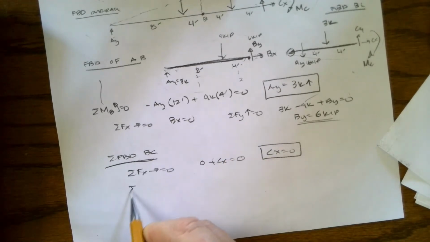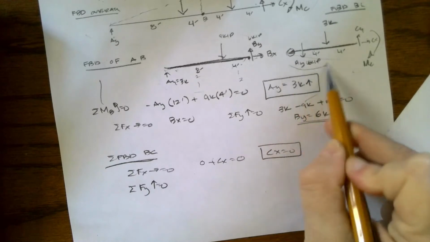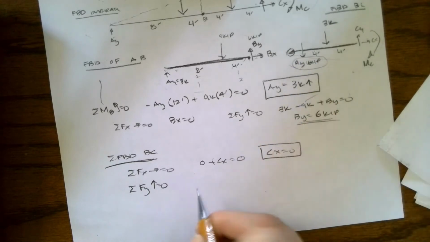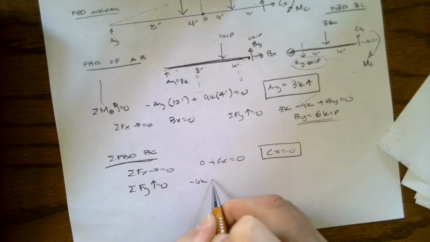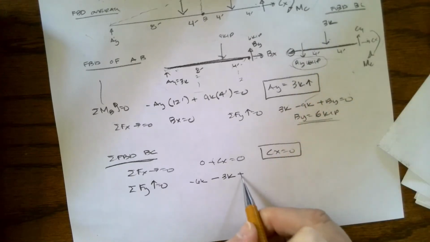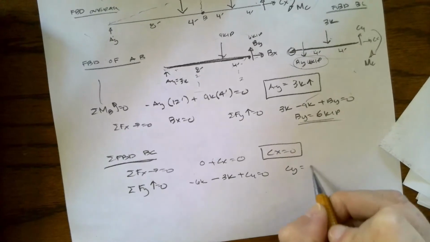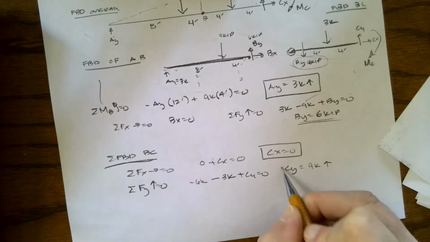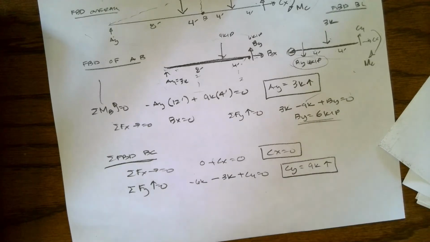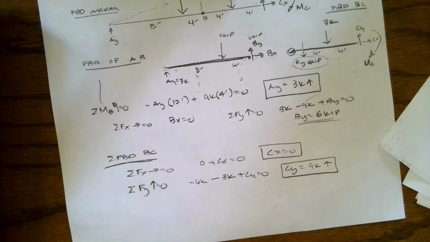Now I can sum my forces in the y direction, and I have BY going down, so I have a negative 6 kips minus 3 kips plus CY equals 0. CY equals 9 kips going up. Okay, 9 kips going up.